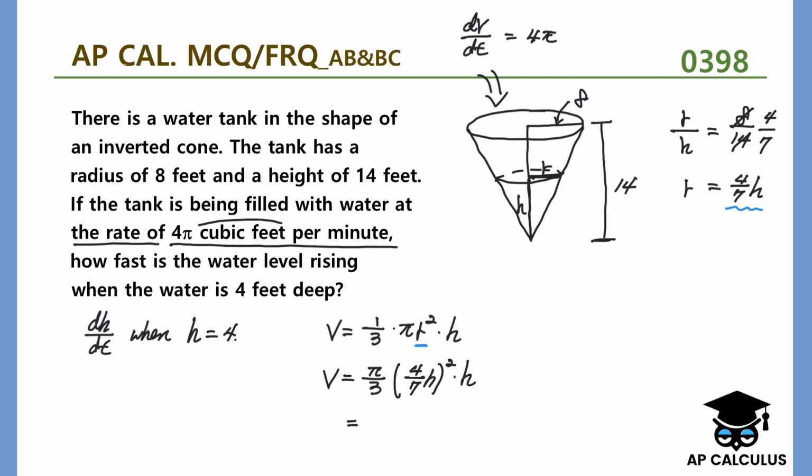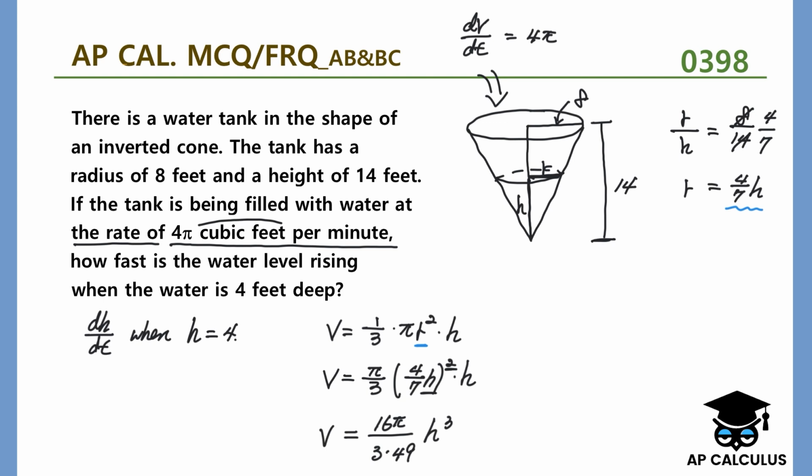If we rewrite this, that's going to be 4 squared, 16 pi over 3 times 7 squared, 49, and we have h squared times h, that's h cubed. Our volume, now in terms of h, is equal to 16 pi over 3 times 49 h cubed.